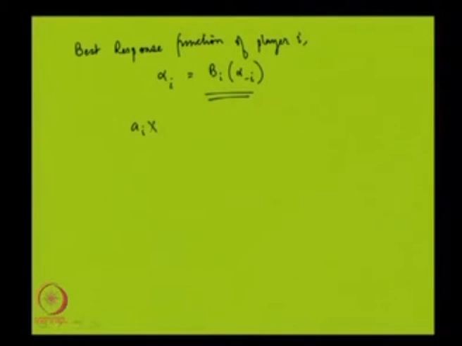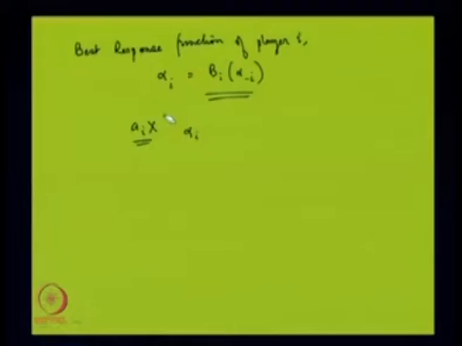We are not saying a I; this is not what we are saying. We are saying alpha I, which is basically a mixed strategy, a probability distribution over the set of actions. And this again is a function of alpha naught I. So, it is not a function over action profiles, but it is a function over mixed strategy profiles.